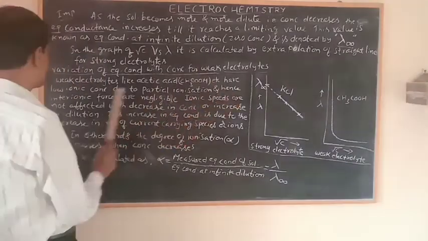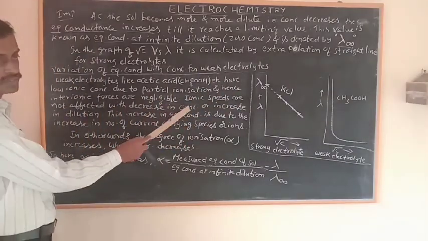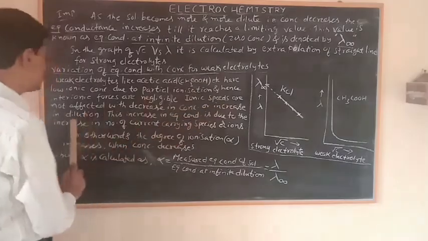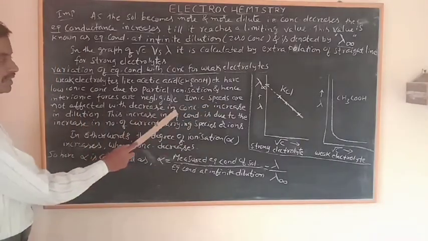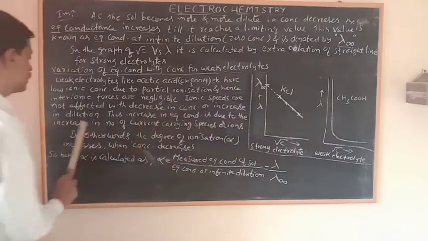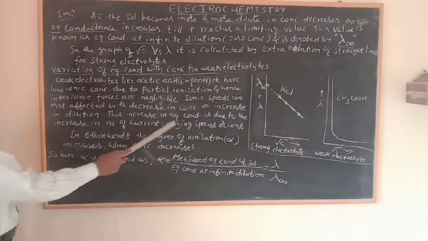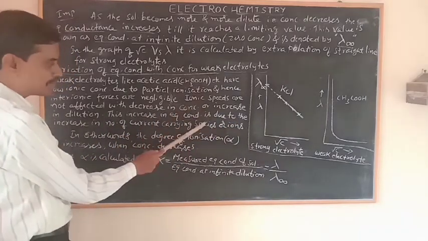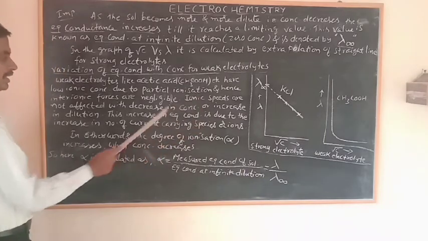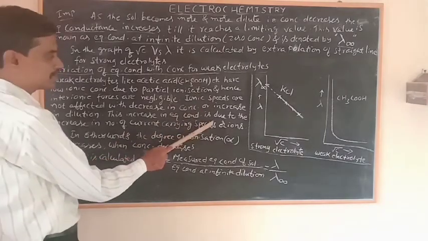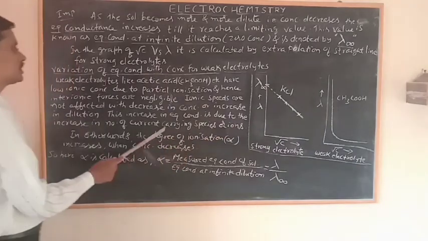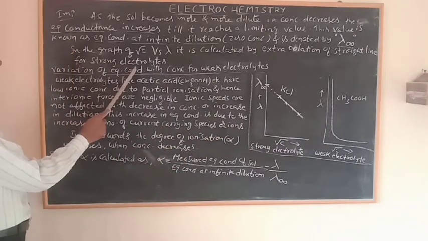Ion speeds are not affected with a decrease in concentration or increase in dilution. This increase in equivalent conductance is due to the increase in the number of current carrying species. By adding water, as dilution occurs, the number of current carrying species or ions is increasing, so lambda is also increasing. Conductance is also increasing.